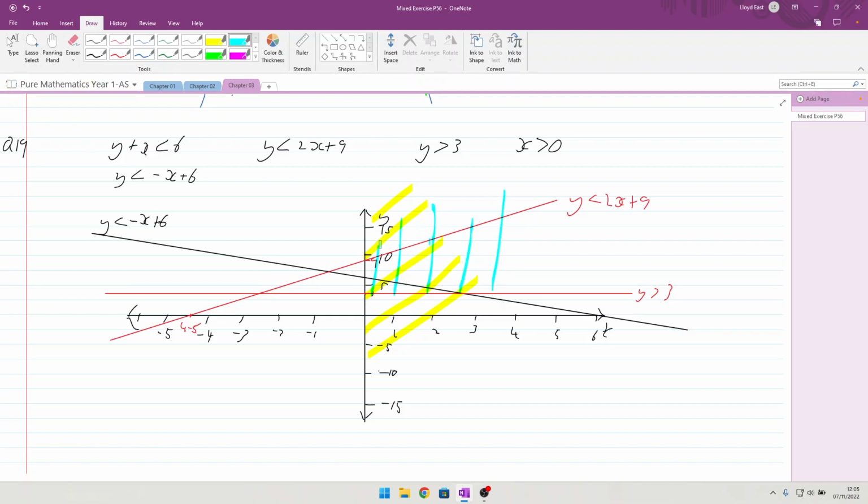Okay. We have everything that is below 2x plus 9, so that's everything that's below this line. And we have everything that is below the minus x plus 6.